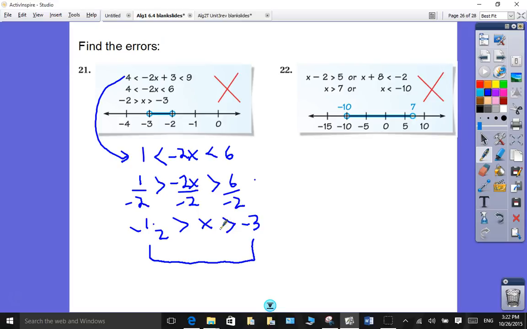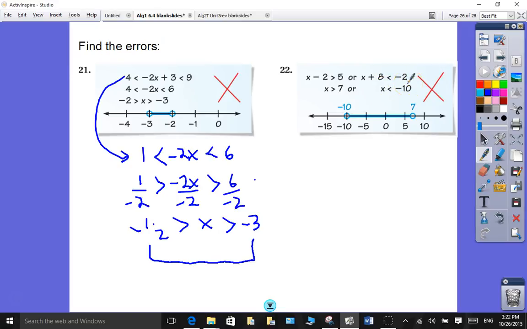Okay, look at the one on the right. Pause if you want right now. What did they do wrong here? It looks like they had a compound or, which they solved. On the left, it looks like they added 2, and they did that well. On the one on the right, they subtracted 8, and they did that correctly.